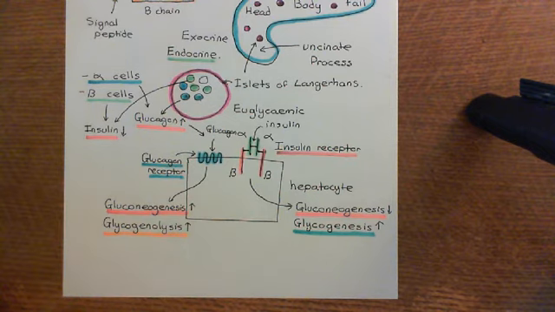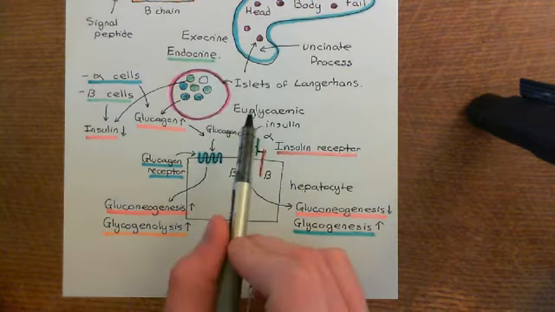Now, what tells the hepatocytes that they should be participating in gluconeogenesis and glycogenolysis to release glucose into the blood? Well, it's the two hormones, glucagon and insulin.